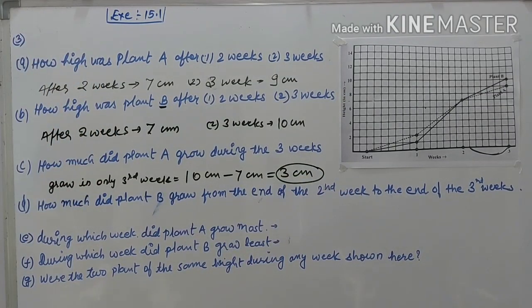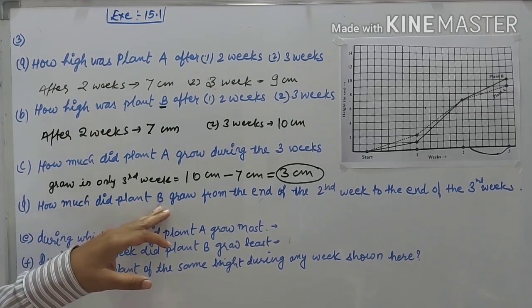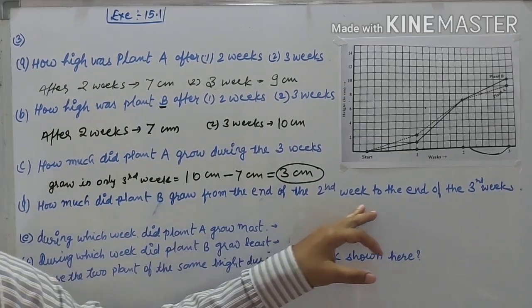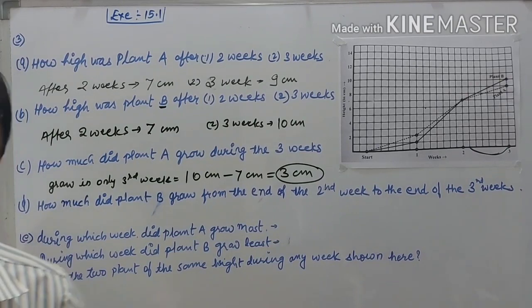Question number 4: how much did plant B grow from the end of the second week to the end of the third week?